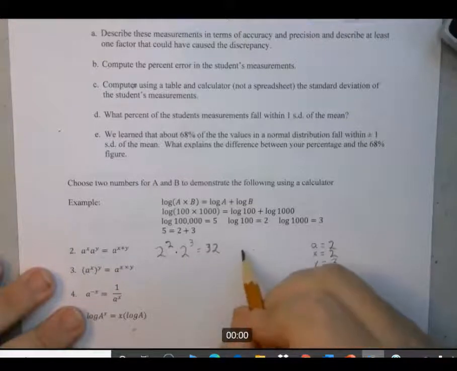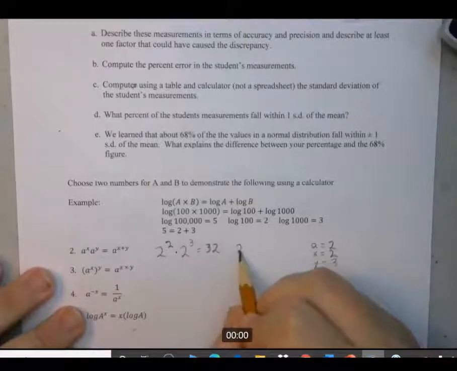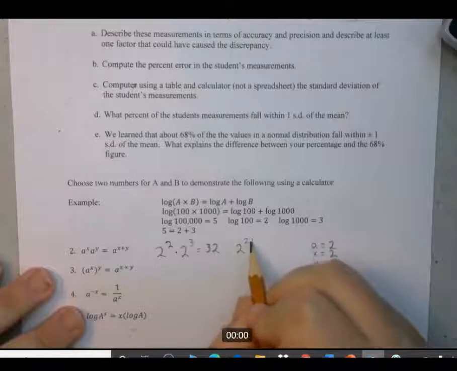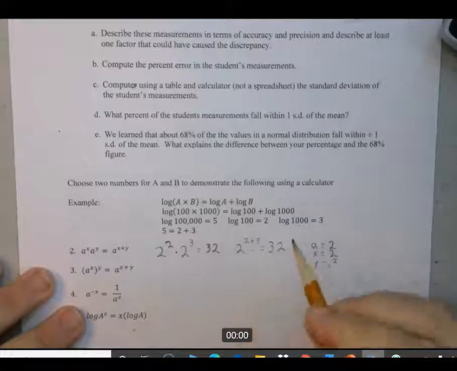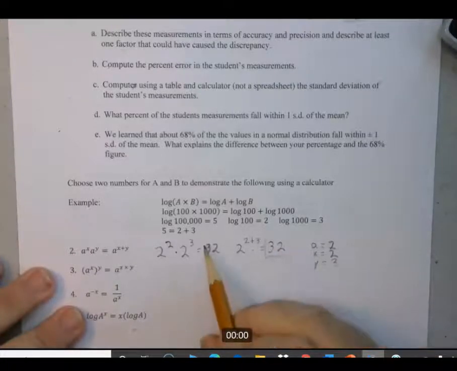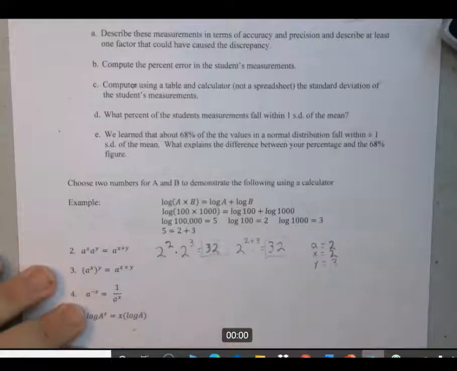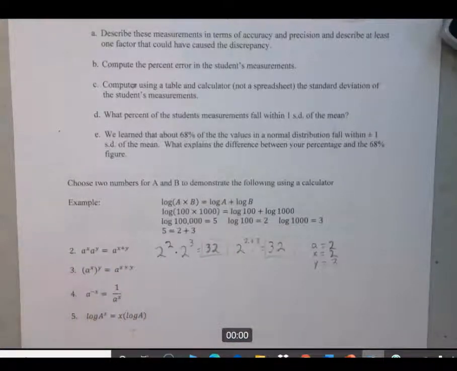So the question is, does that equal 2 to the 2 plus 3, which is 2 to the 5th, and 2 to the 5th equals 32. So I teach my math students this. I call it a small numbers test. If you're not sure if an algebraic principle that's expressed in variables is valid, just plug some small numbers in and see if it works. And so that's what we did here.